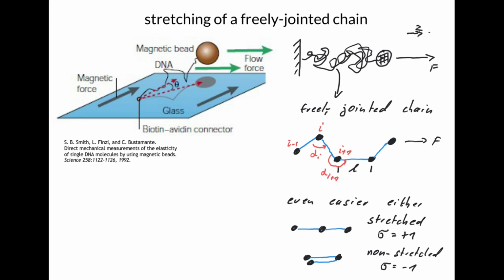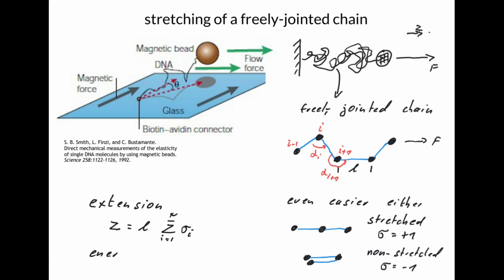Now, using this definition, I can very easily write down an equation for the total extension of the DNA, given by Z is equal to L, the step from one particle to the next, times the sum over all sigma i, where i runs from 1 to n, the number of nucleotides in the DNA.